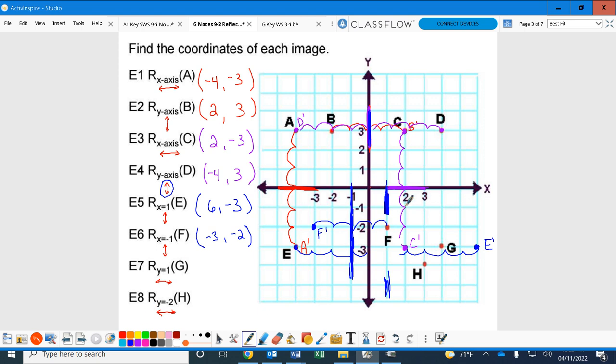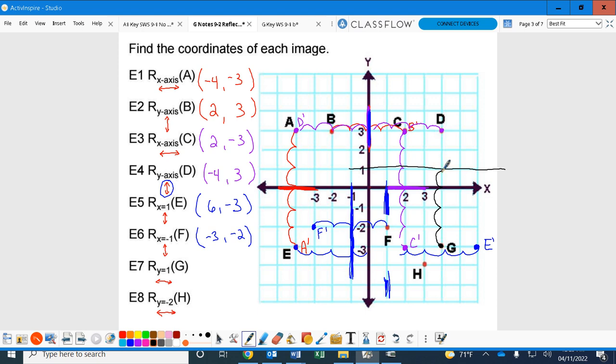Okay, from there, example 7. Example 7 says, what have we got? G. Where's G? Down here. G, oh, I'm going to change colors again, just so we have different ones. G is right here. G is going to reflect across a horizontal line at 1. So here's a horizontal line at 1. That's going to be 1, 2, 3, 4 away from there.